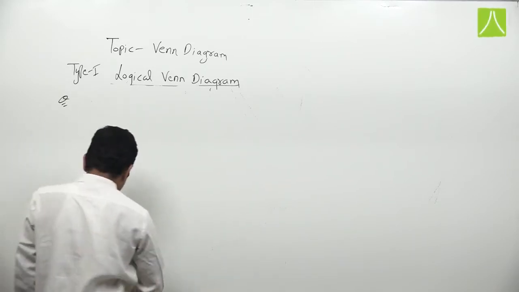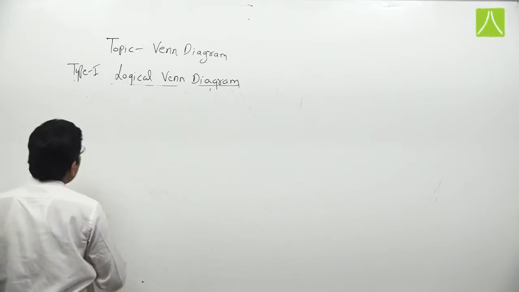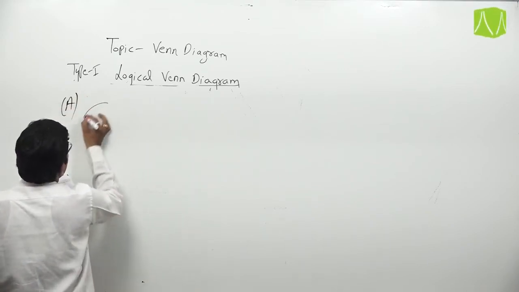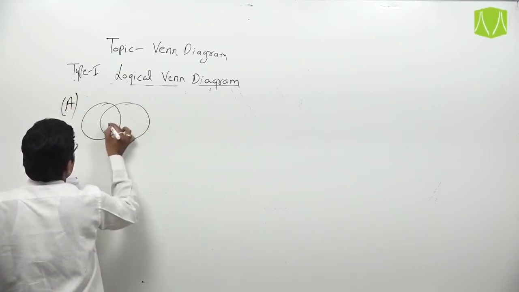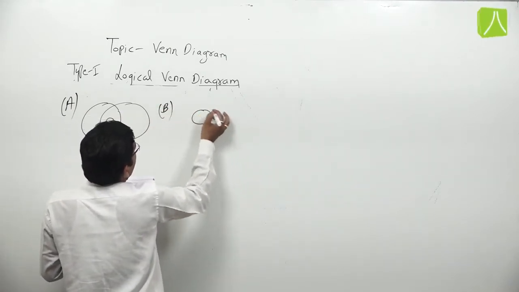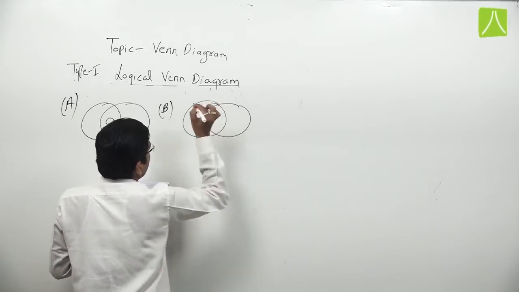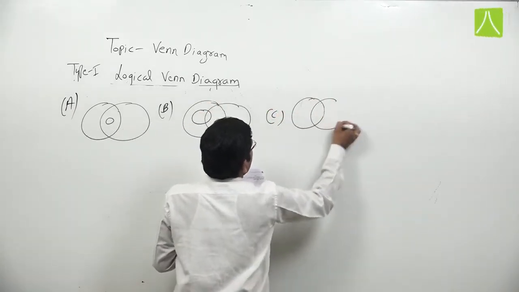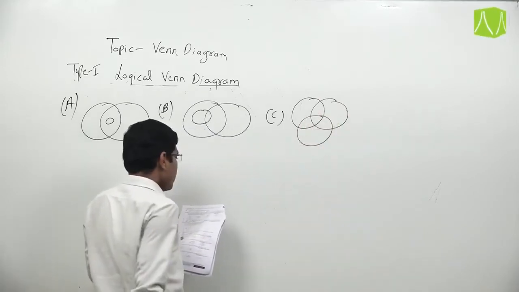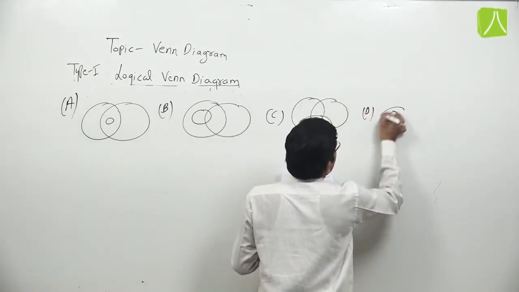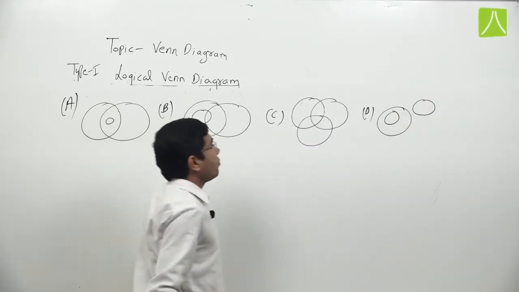Suppose we have given 4 options. First option is, second option is like that, third option is this, and fourth option is this.